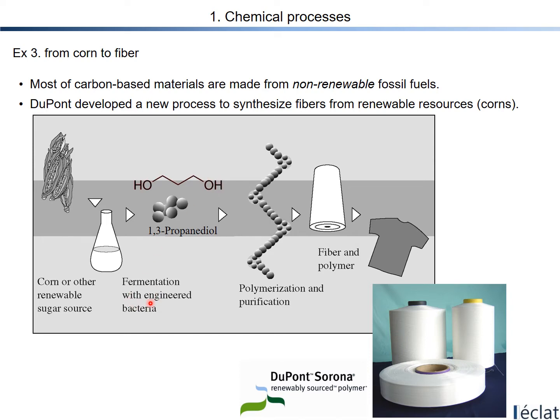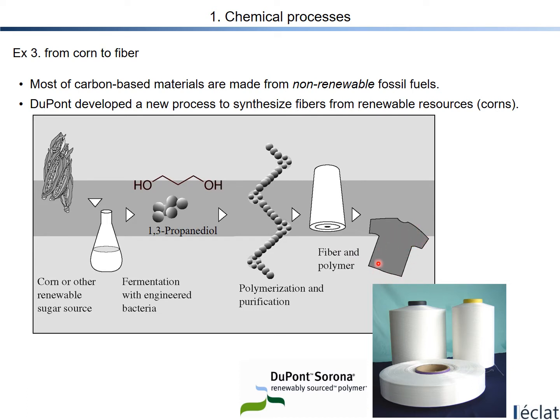So this fermentation process is a chemical process. And then by using this 1,3-propanediol, we could make some polymers. Then from these polymers, fibers can be made, and also finally we could make some clothes.